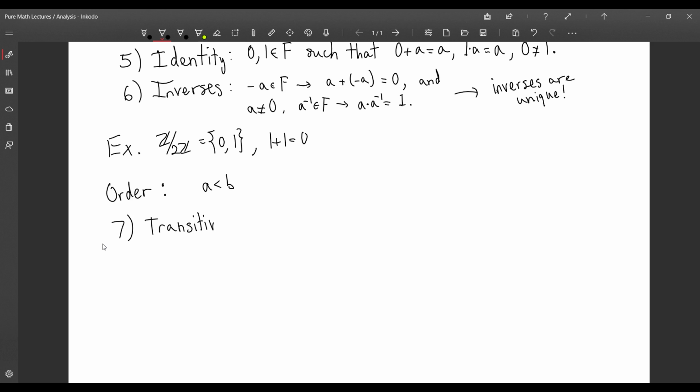We have transitivity, which says that if A is less than B and B is less than C, then A is less than C, right? The next axiom is preservation of order.